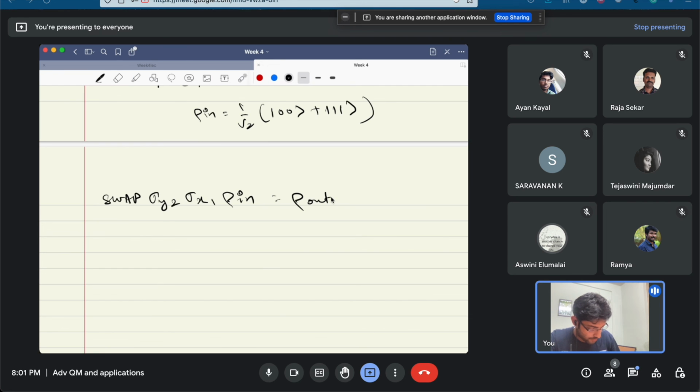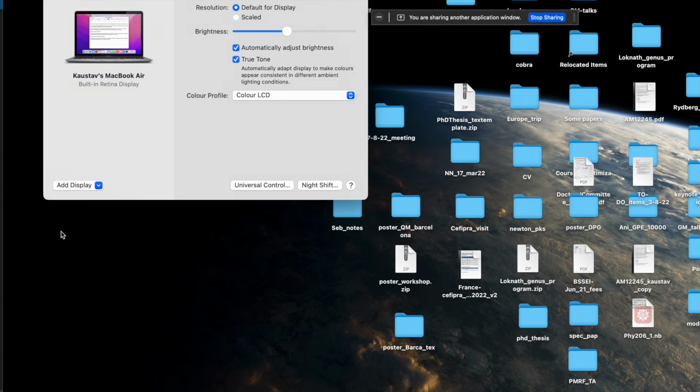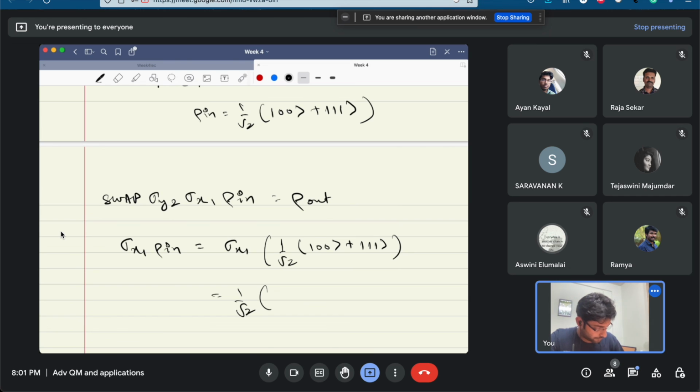So let's first take sigma x1 on your rho in. So sigma x1 will only operate on the first qubit, and it essentially just flips the bit to 1 0 plus 0 1.